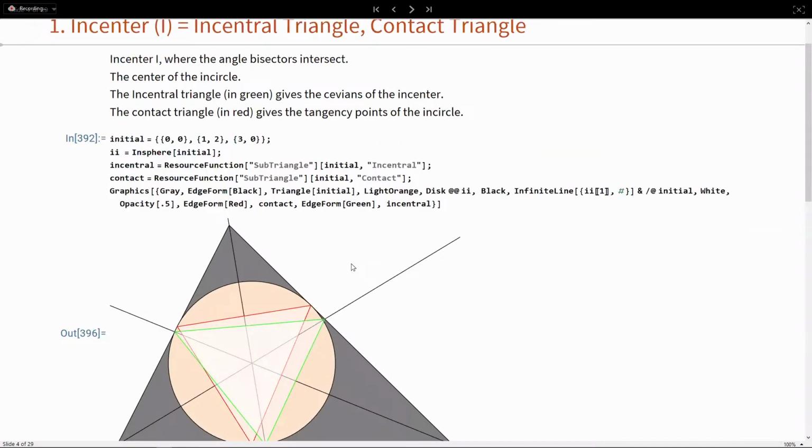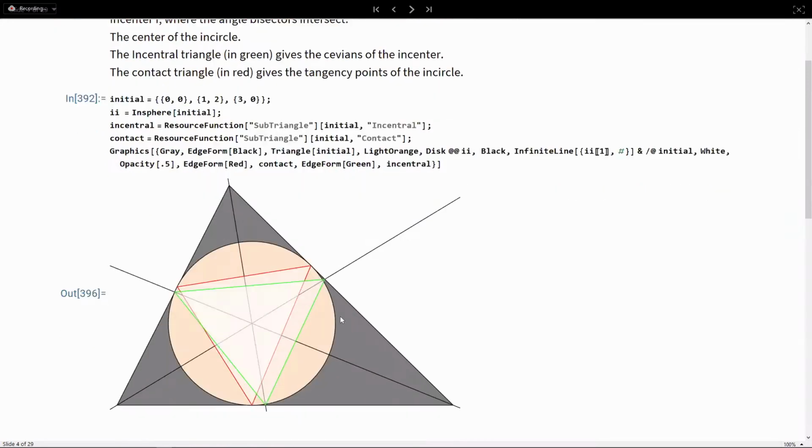So there's two triangles that you can get out of the special triangles. One is the cevians of the angle bisectors. That's the triangle in green. When you draw a line through a particular point to an opposite side in a triangle, it is called a cevian.